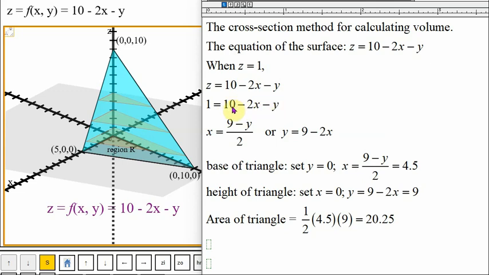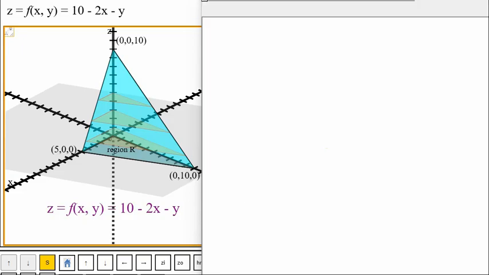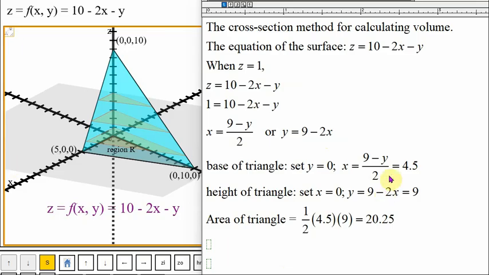Solving for x, we get x to be 9 minus y divided by 2, and solving for y, we get y to be 9 minus 2x. To get the base of the triangle, we need the distance from here to here, so we need this point.